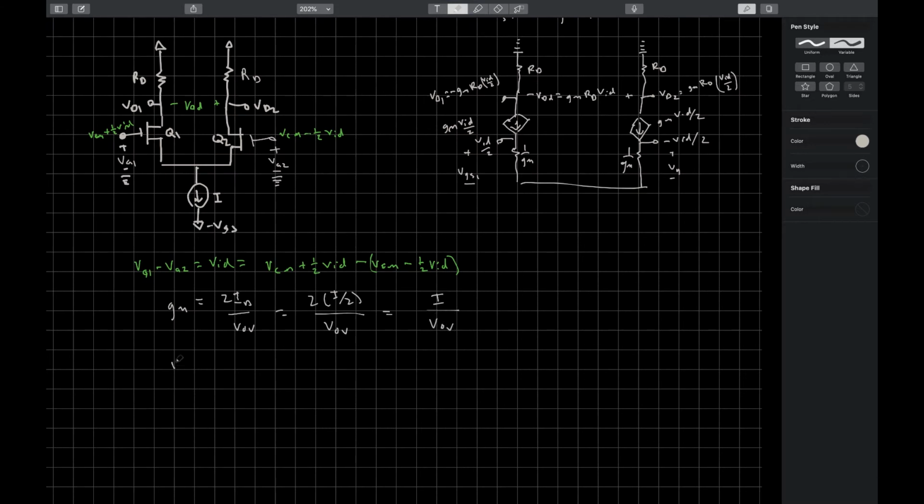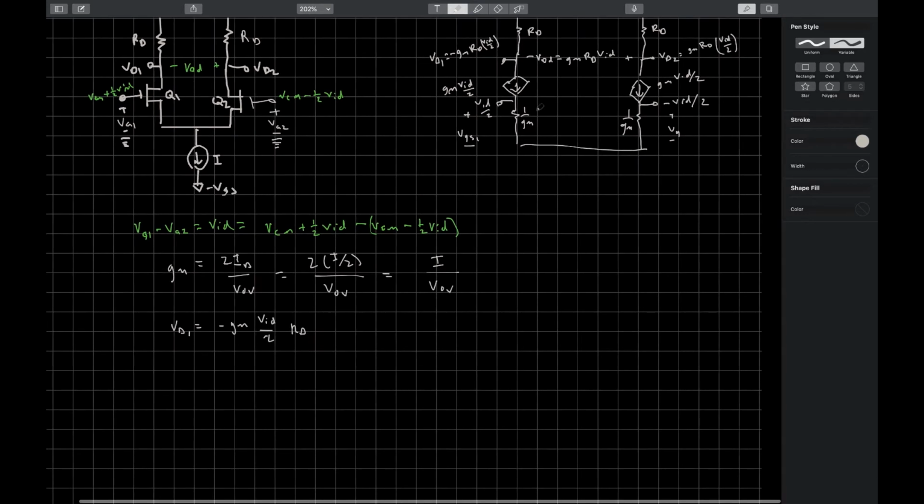I've already established that VD1 is equal to negative GM VID over 2 times RD. That's the dependent current source multiplied by the resistance. So there's a voltage here that I'm getting. And then I also know that VD2 is positive GM VID over 2 times RD.